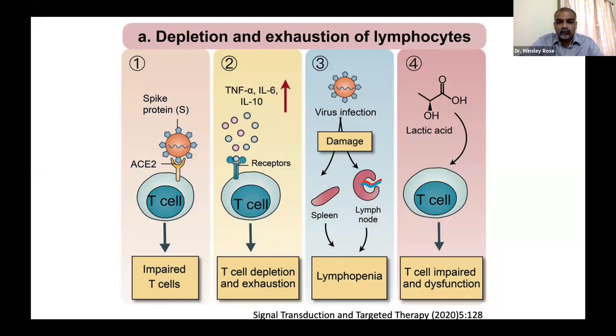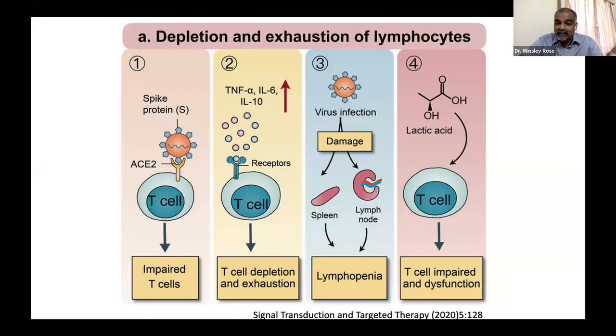Then you have T cells which have an increased sensitivity to TNF alpha, interleukin 6, and interleukin 10, which are produced by macrophages and lymphocytes, and that causes T cell depletion and exhaustion, which again causes lymphopenia.